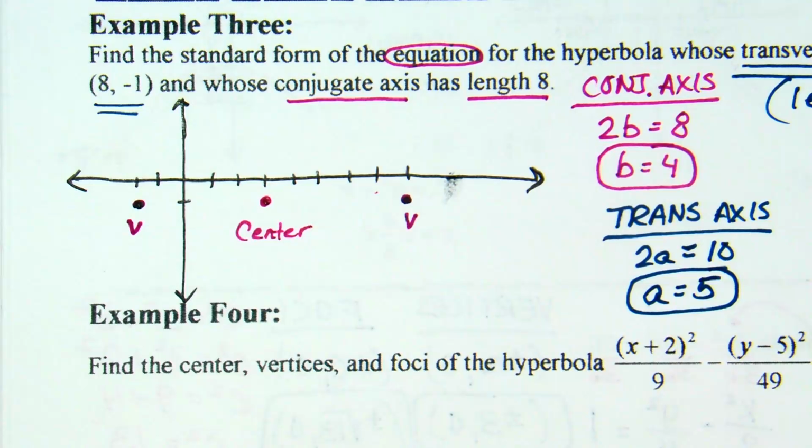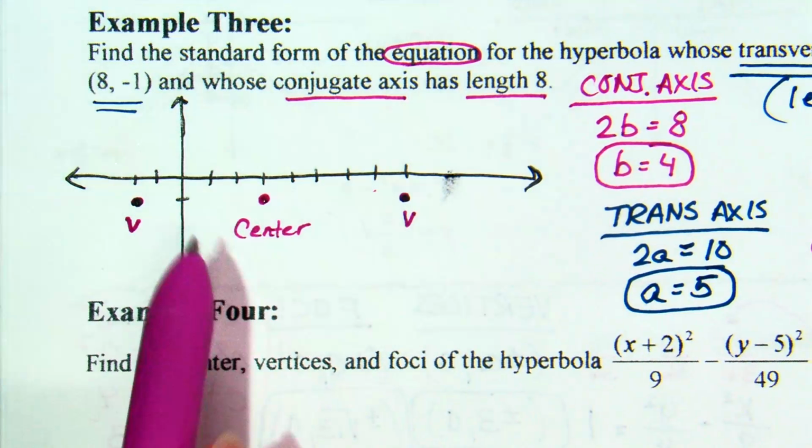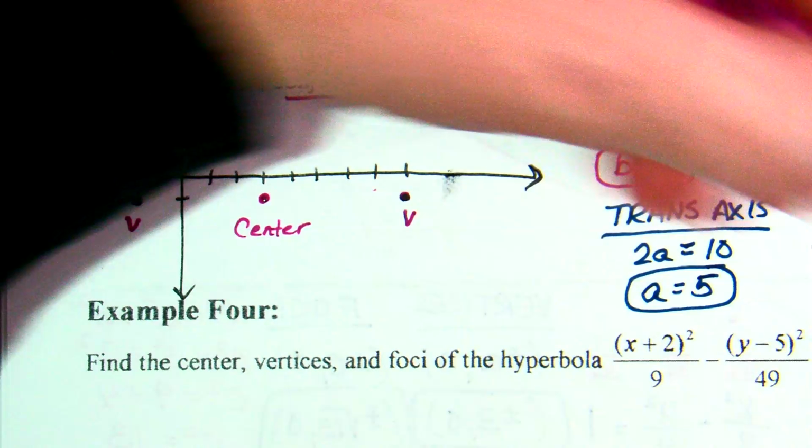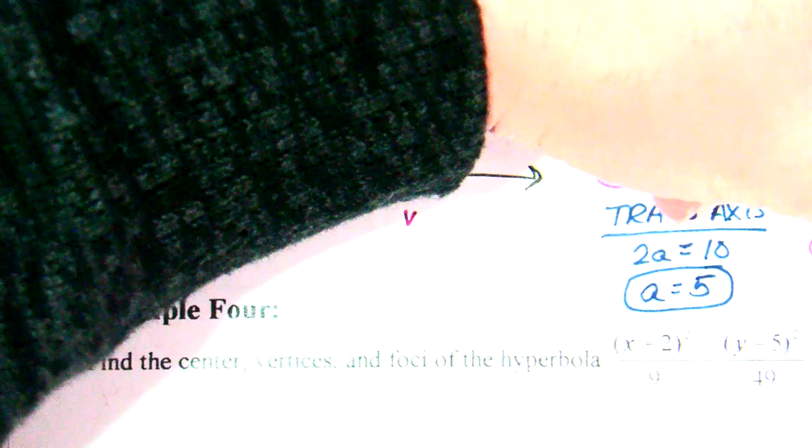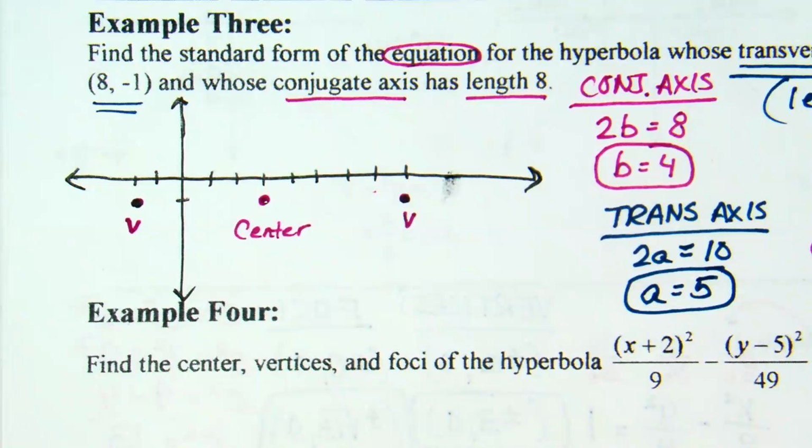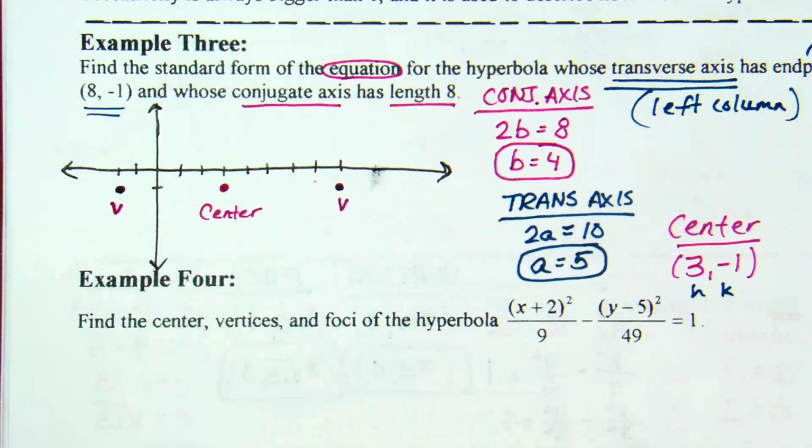What is the ordered pair for the center? 3, negative 1. That is my H and K, which agrees with the K we already discussed. I wrote HK right there next to my center.